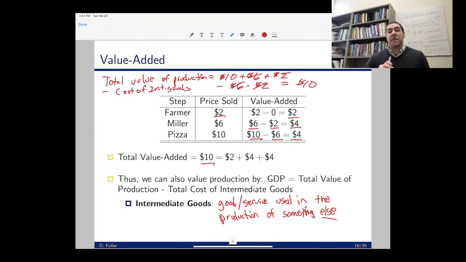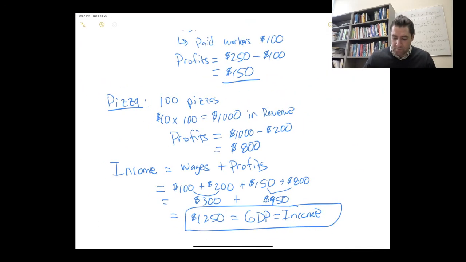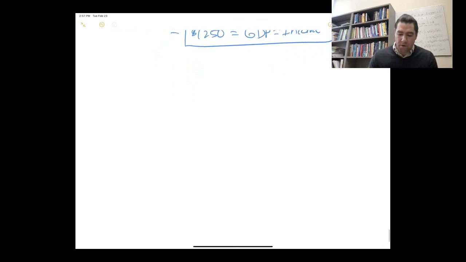Now, you have to be careful because, to make sure that we're fully understanding the concept of GDP, in some of the questions that are asked, sometimes the value of the intermediate goods is relevant, sometimes it's not. So let me give you another way that I could frame this pizza question. Suppose I told you the following information.